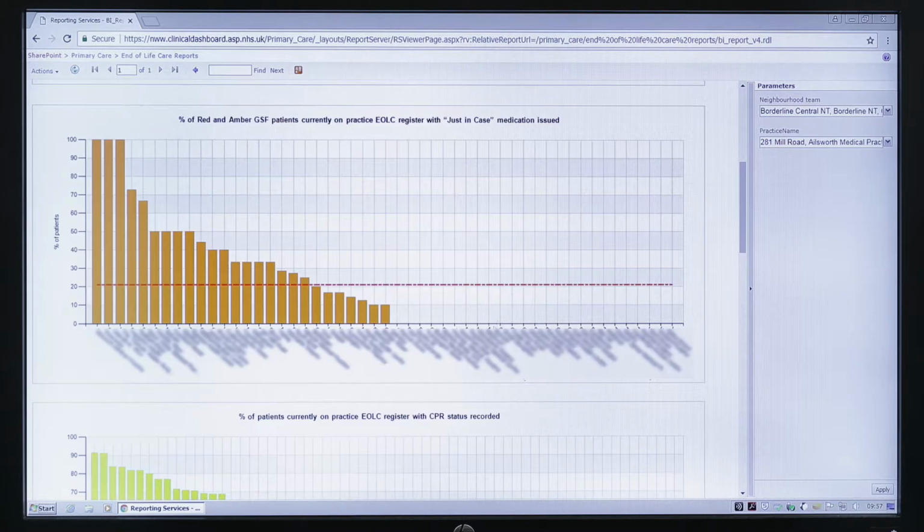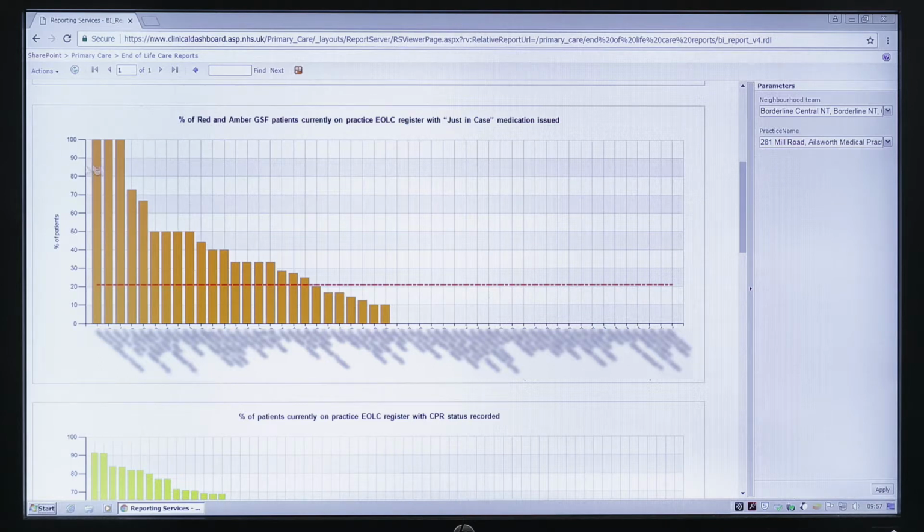The second variable is just talking about patients who are alive on practice registers, who are Gold Standards Framework Red or Amber, and who have just-in-case medications issued. Now, in an ideal world, it could be argued that that should be 100%.